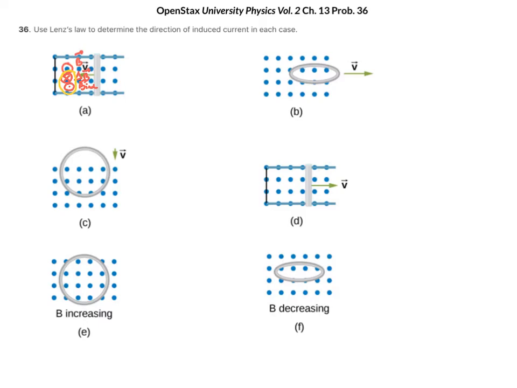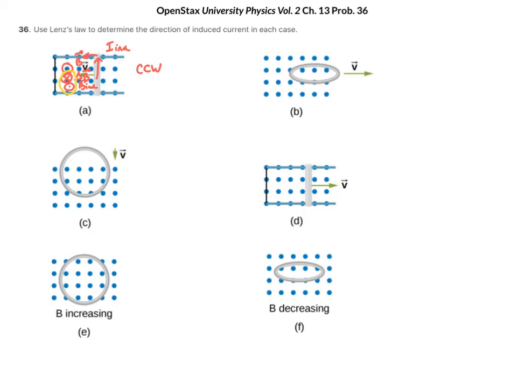We put our right hand inside the loop with our fingers sticking out. When we do that, our thumb circulates around in this direction, so it's going to go around in a counterclockwise direction. So the direction of the induced current is counterclockwise.